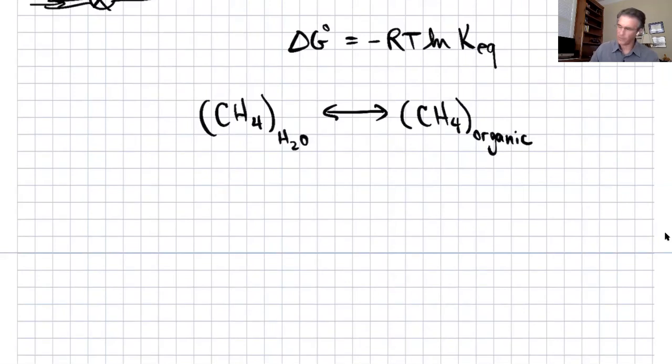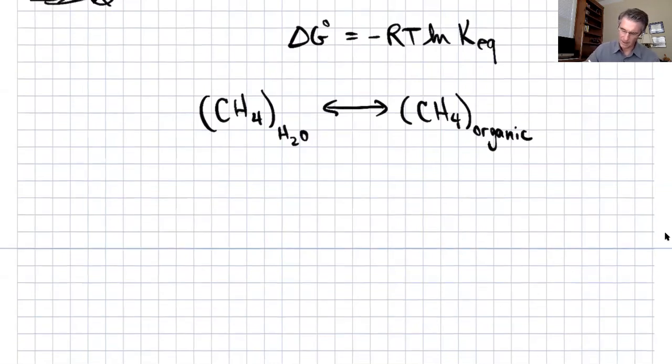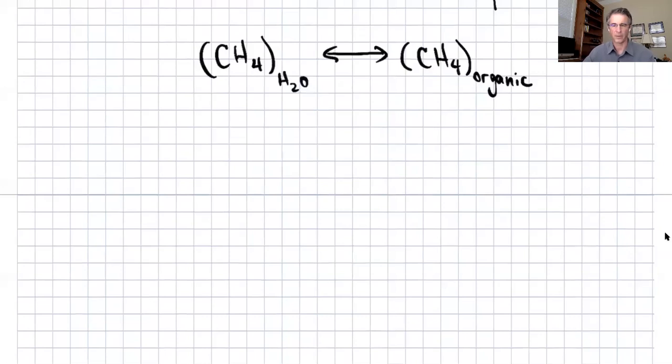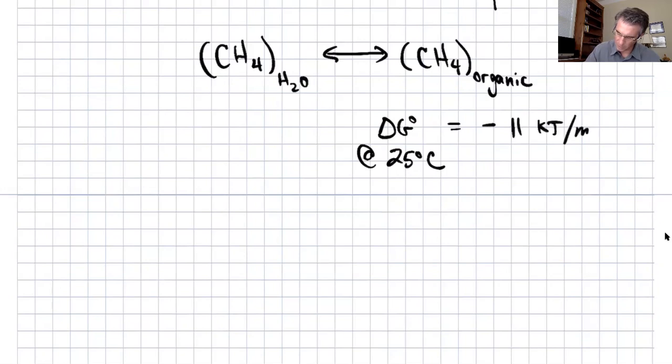Turns out that if you go and take the experimental measurement of a system set up this way, it depends on the solvent, but I'm just going to give you a number for, I don't remember exactly what solvent was used in this case, but this is an actual experimental number. What you find is that the delta G naught at 25 degrees Celsius for that equilibrium is going to be equal to minus 11 kilojoules per mole.